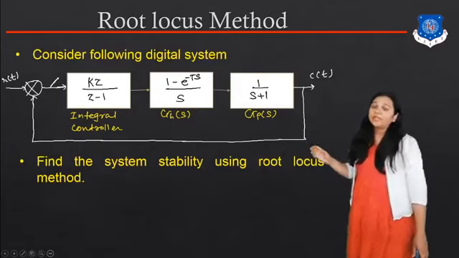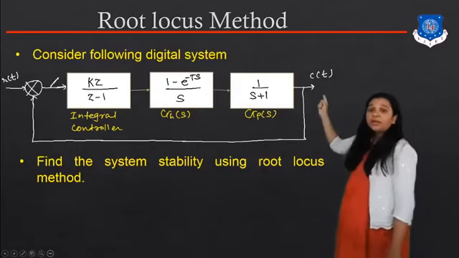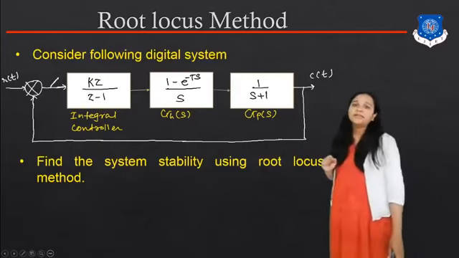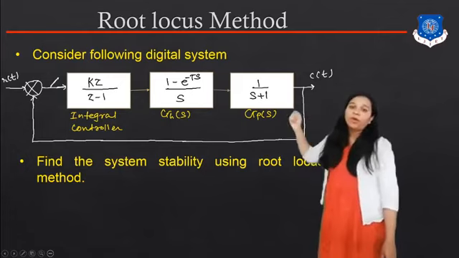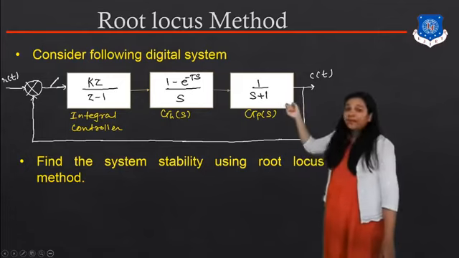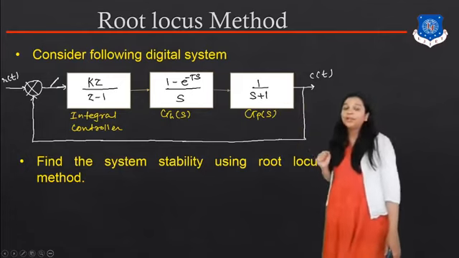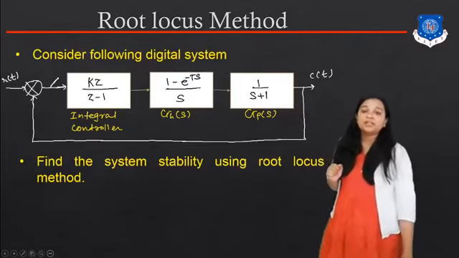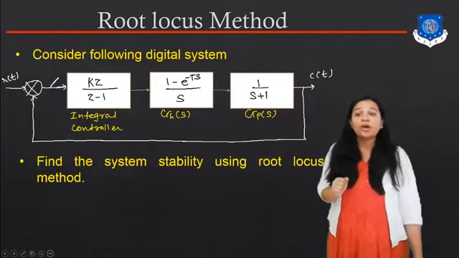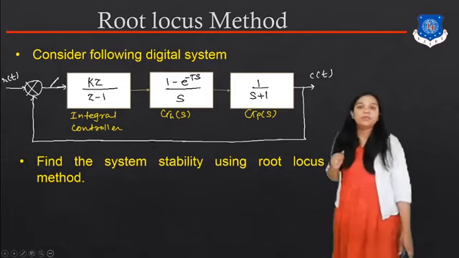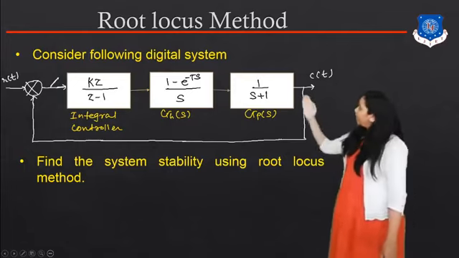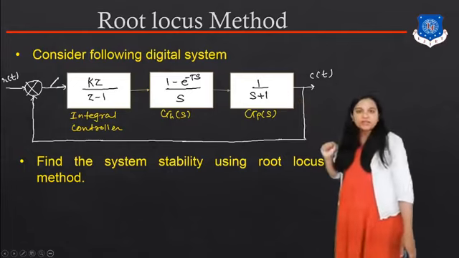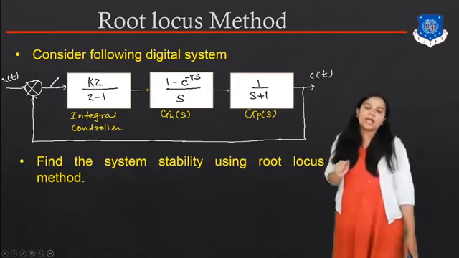So first of all, here you can see that the integral controller block is in the Z domain, but the blocks GH(s) and GP(s) are in the s domain, meaning it is a continuous time system. So our first target is to convert this continuous time system equation into the discrete time system.